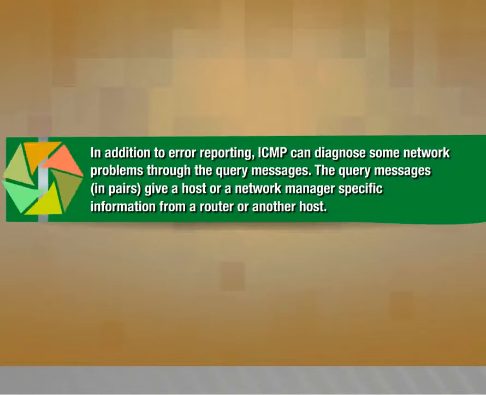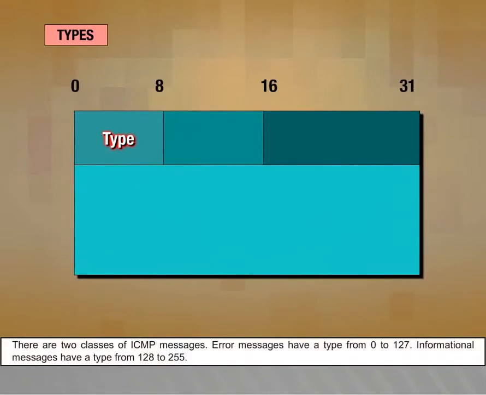In addition to error reporting, ICMP can diagnose some network problems through the query messages. The query messages, in pairs, give a host or a network manager specific information from a router or another host. Types. There are two classes of ICMP messages. Error messages have a type from 0 to 127.